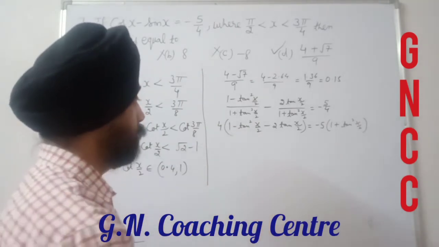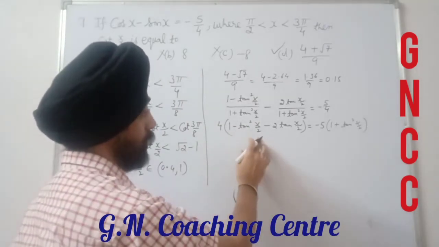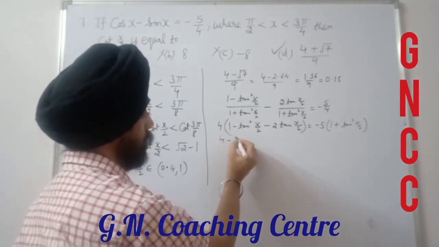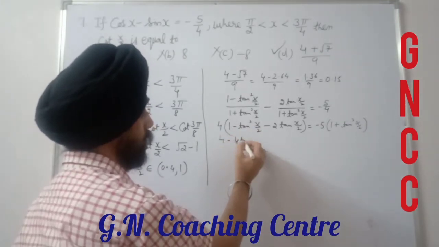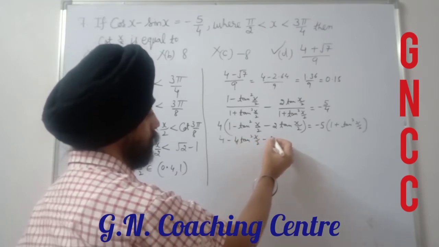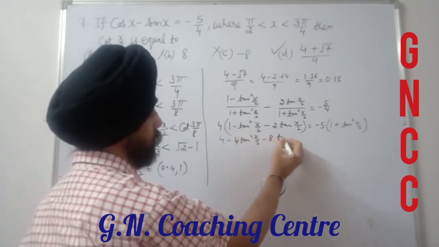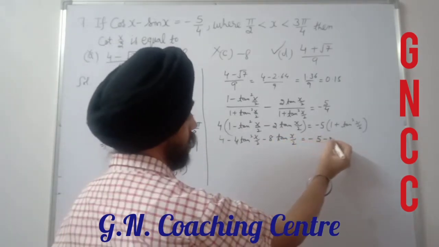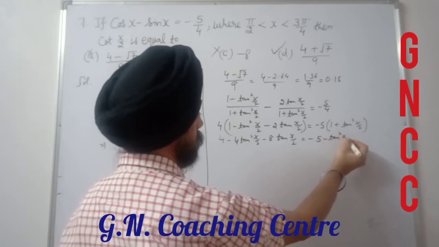So this is equal to, you can open this, minus 4 minus 4 tan square x by 2. This is 8 tan x by 2 equal to minus 5 minus 5 tan square x by 2.